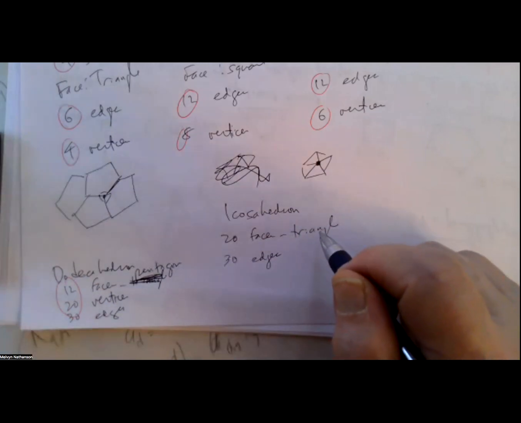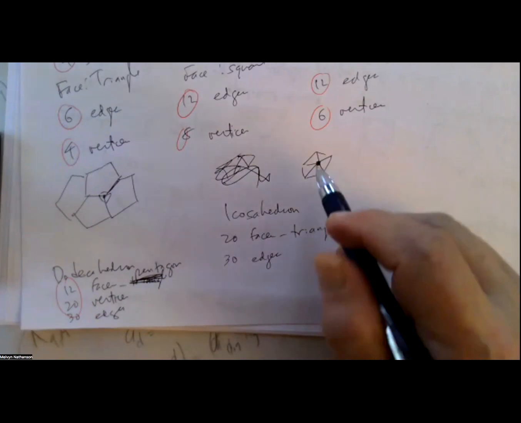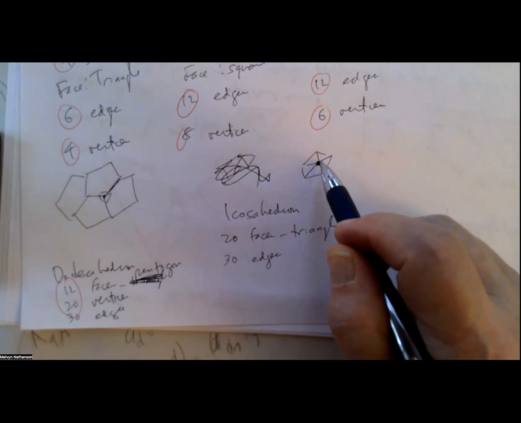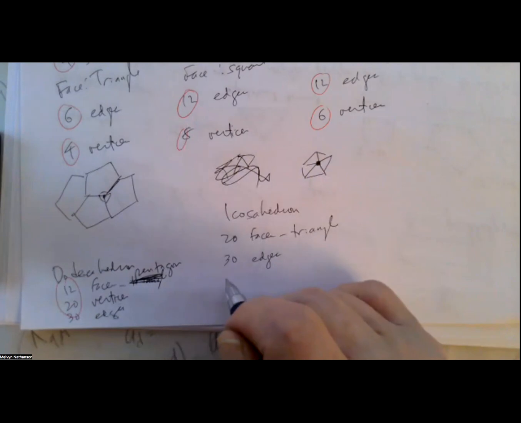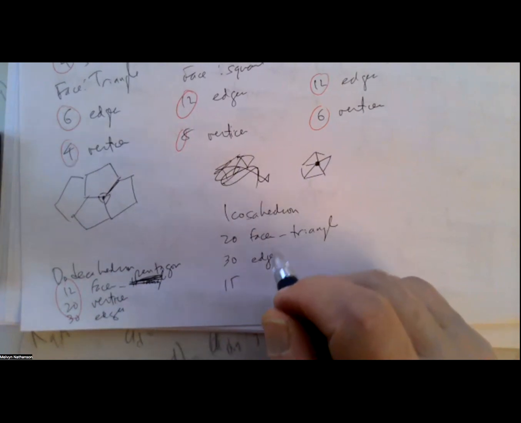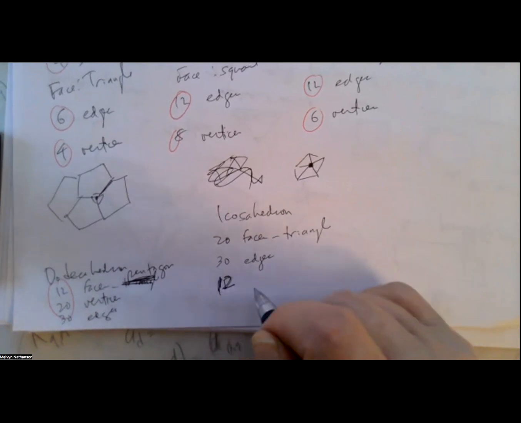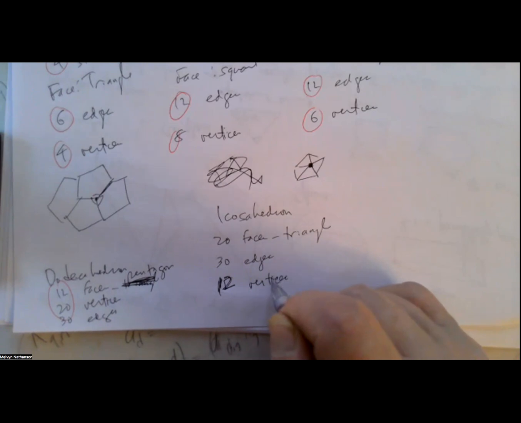And each triangle has 3 vertices. So you have 60 vertices, but you have 5 triangular vertices meeting at each vertex of the icosahedron. And that gives you 60 divided by 5, 12 vertices.